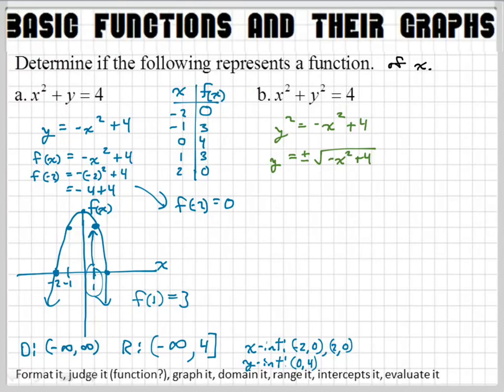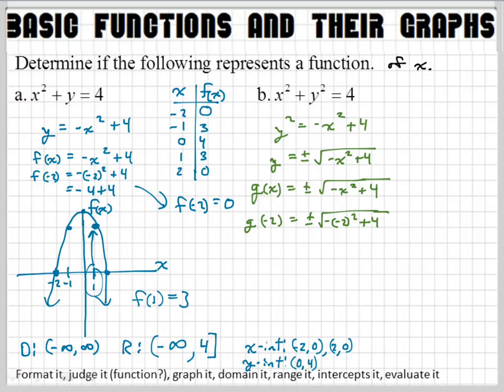Now for our green function, it would look like this. Oh, actually, we can't name it f. We can name it g because we already used f right now. So this is our g function, plus or minus. Well, actually, we know it's not a function because of this. If I plugged in a -2, I plug a -2 in for this x right here, square it, there's a negative, plus 4.